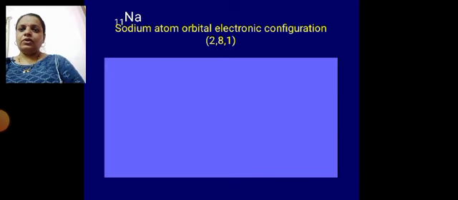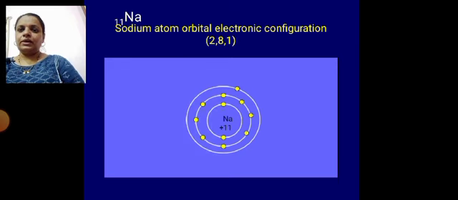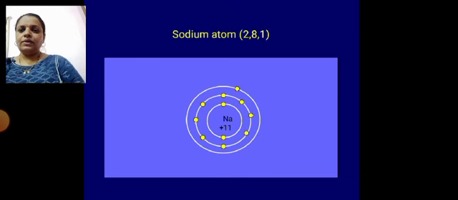Since NaCl has two atoms, one atom is Na, and its atomic number is 11 and its electronic configuration is 2, 8, 1. This is its orbital electronic configuration diagram. The central portion has plus 11 protons and the 11 electrons are filled in the different orbits. The first orbit has 2 electrons, the second shell has 8 electrons, and the third, the outermost orbit, has 1 electron.